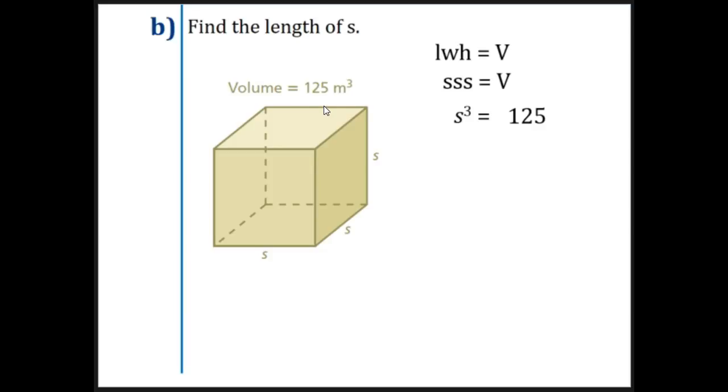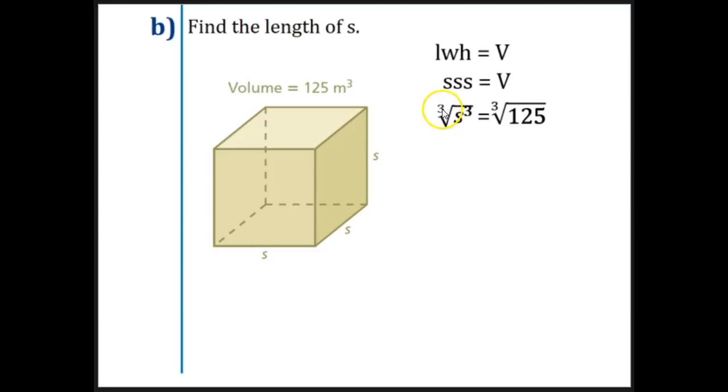Okay, now you're going to take the cube root, which means you're going to add that cube root, that radical, over both sides. Because remember, it's still a scale and it still has to be balanced. So if I add this cube root on this side, I also have to add that cube root on the right side. Whatever you do to one side of the equal sign, you have to do to the other.